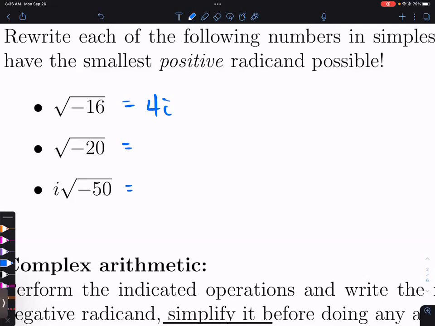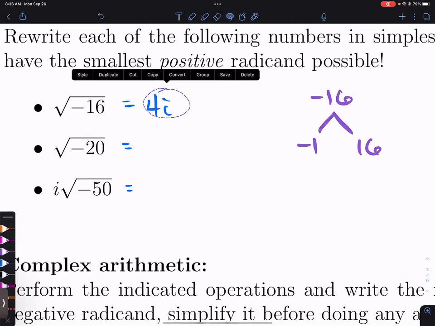So the idea is just like usual, you think about factors of that number, right? If you want, you can even break it down using the same kind of factorization you would use to simplify a root. -16 is -1 times 16, right?